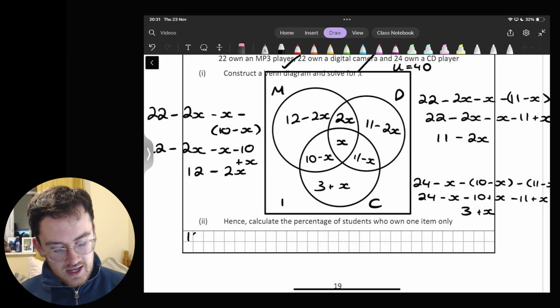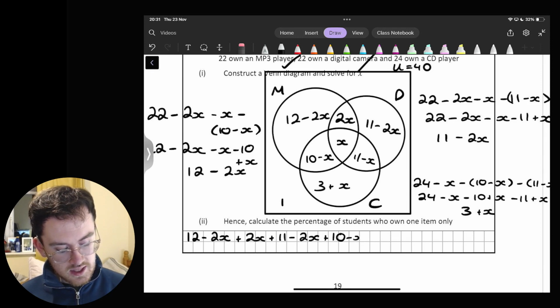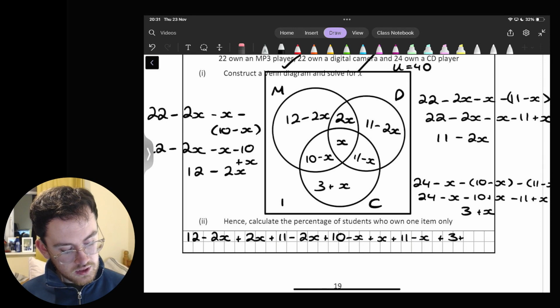So we're going to have to add all of this information, and that can seem quite daunting. The key thing is just to take it slowly. 12 minus 2x plus 2x plus 11 minus 2x plus 10 minus x plus x plus 11 minus x plus 3 plus x, and it should be equal to 40.